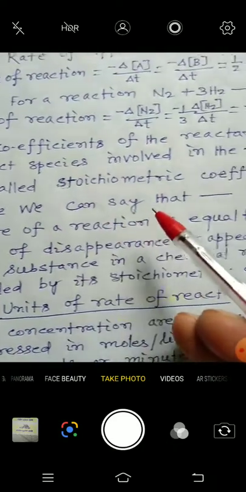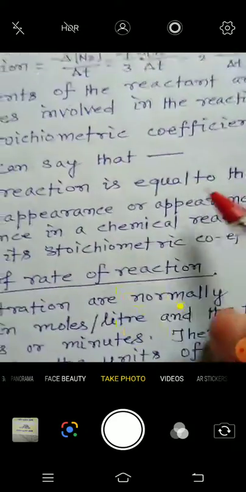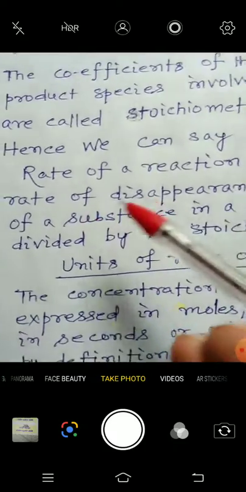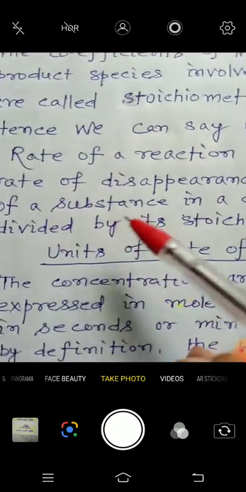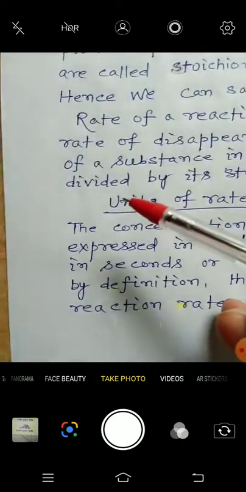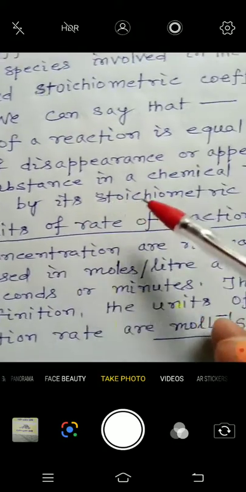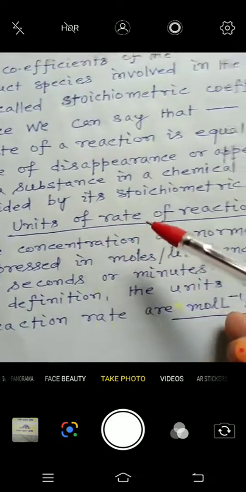Hence, we can say that the rate of a reaction is equal to the rate of disappearance or appearance of a substance in a chemical reaction divided by its stoichiometric coefficient.